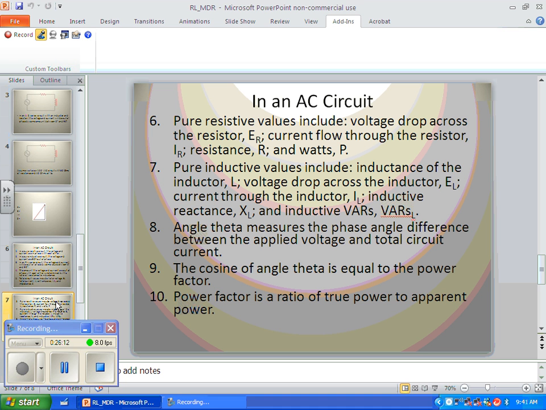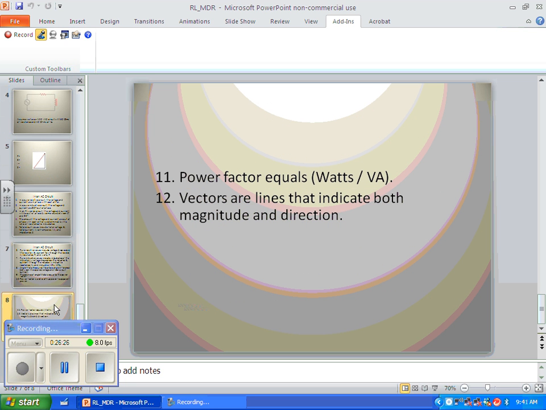And the cosine of the angle is equal to the power factor. Cosine of the angle tells you how much apparent power is going to be converted into true power. Very important factor. And power factor is equal to the relationship between VAs and watts.